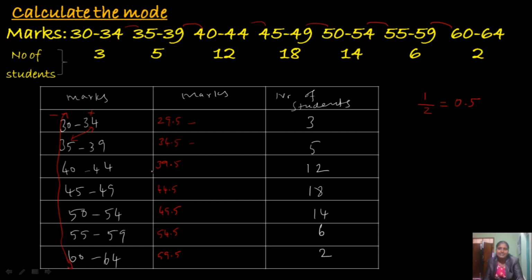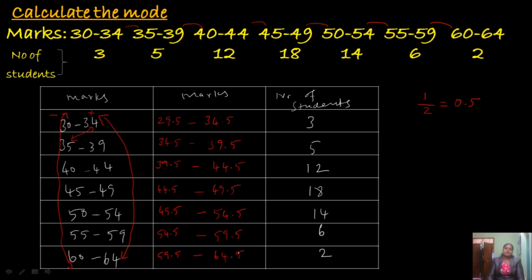Then, to balance this, you just add 0.5 to all the upper class limits. So if you add 0.5, 34 plus 0.5 is 34.5. 39 plus 0.5, 39.5. 44 plus 0.5, 44.5. 49 plus 0.5, 49.5. 54 plus 0.5, 54.5. 59 plus 0.5, 59.5. 64 plus 0.5, 64.5.